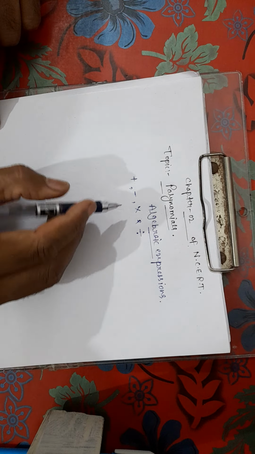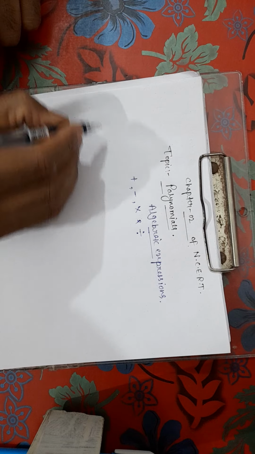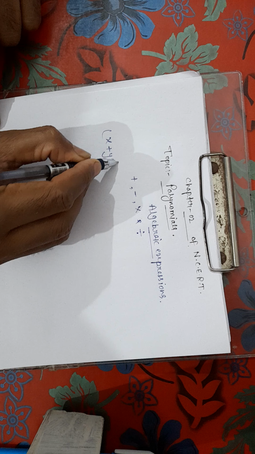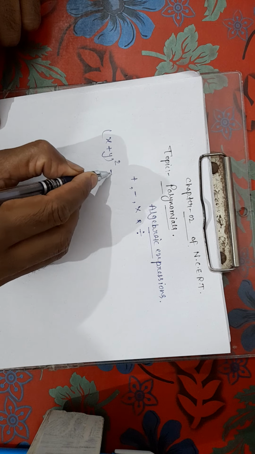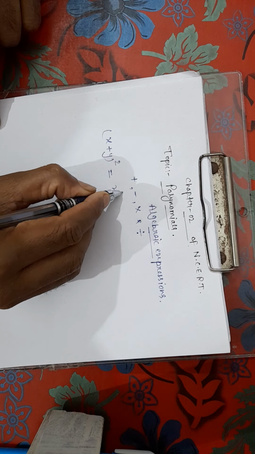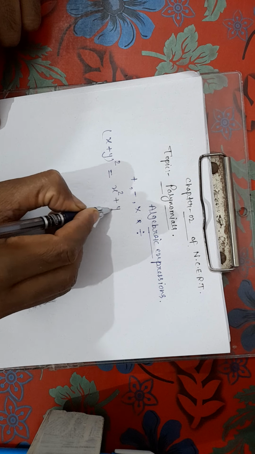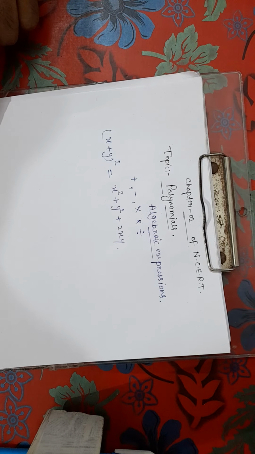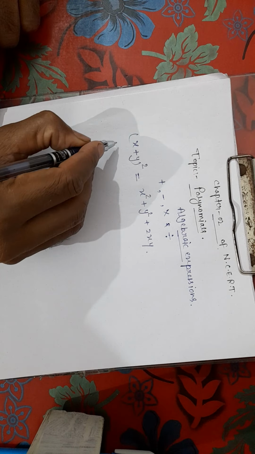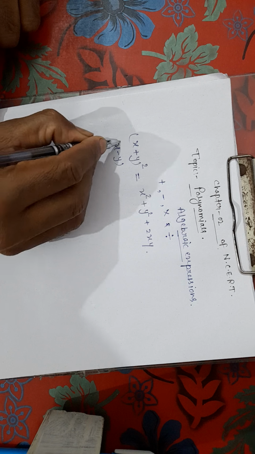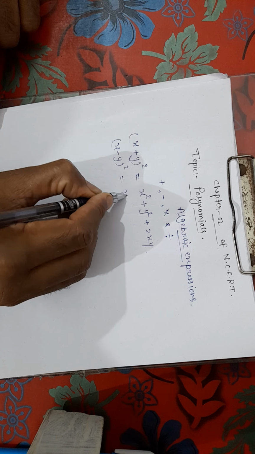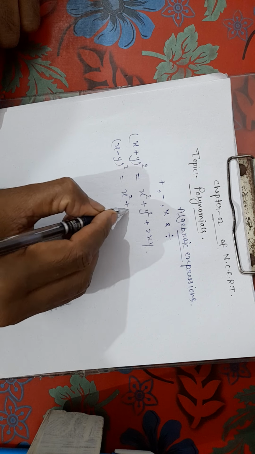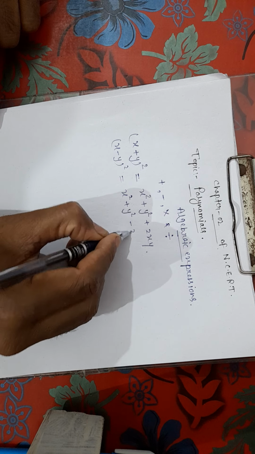So let's recall a little bit here. You know the expression (x + y) whole square. When we open it, it becomes x square plus y square plus 2xy. And (x - y) whole square equals x square plus y square minus 2xy.